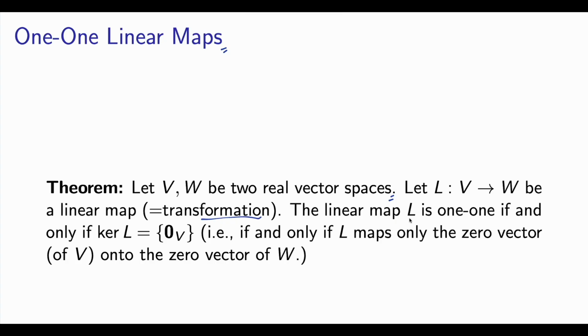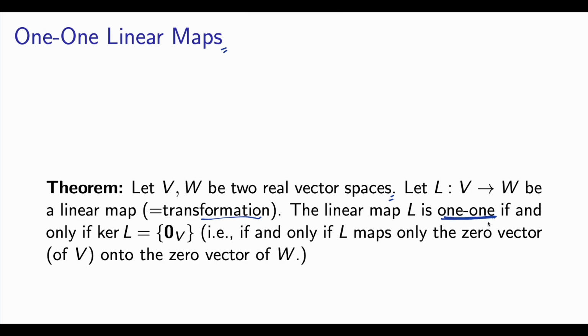Then we call the linear map L 1-1 if, for two elements x1 and x2, L of x1 equal to L of x2 implies x1 equal to x2. Or else x1 not equal to x2 implies L of x1 not equal to L of x2, right?